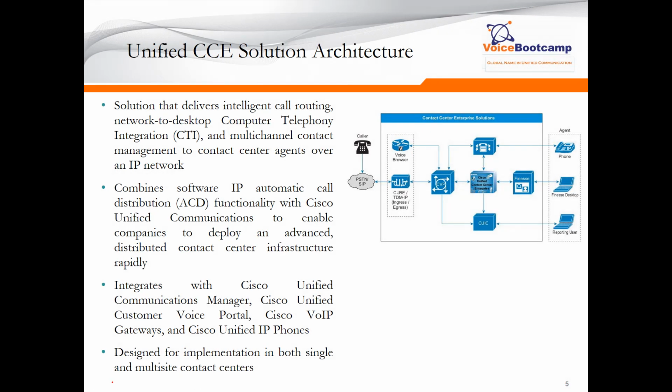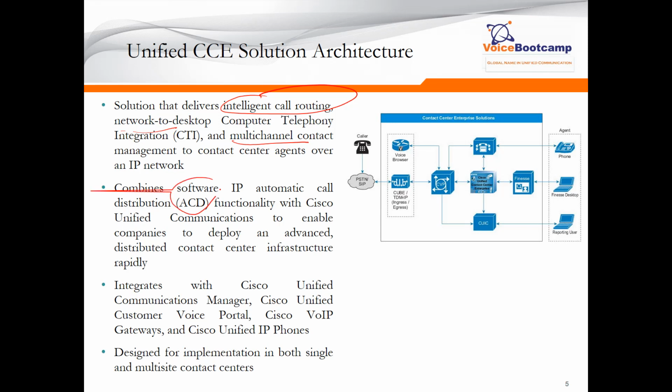The enterprise solution architecture, the enterprise edition, means a contact center for a single company. It is a solution that delivers intelligent call routing, network-to-desktop connectivity using CTI, and multi-channel contact management for contact center agents over the IP network.